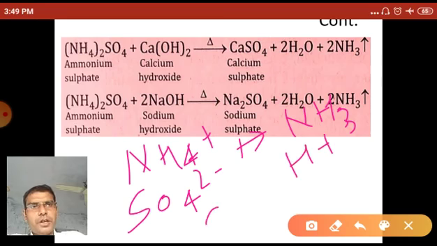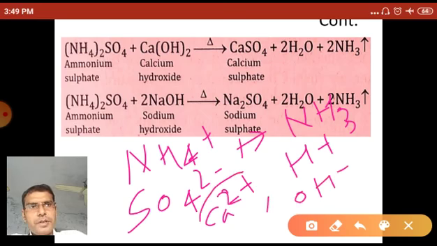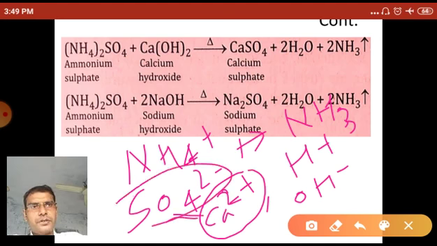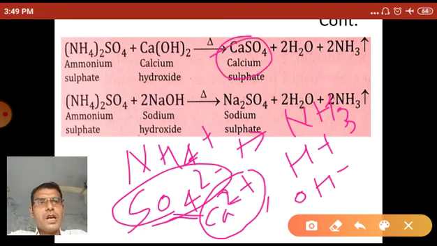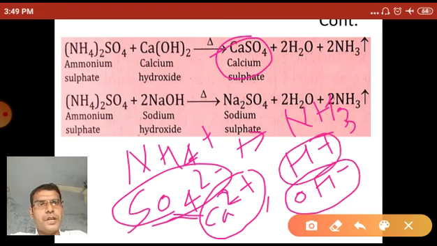Calcium hydroxide breaks down into Ca2+ ions and OH- ions. The calcium ion combines with the sulfate ion to form calcium sulfate, the hydroxide OH- ion combines with the H+ ion to form H2O, and NH3 is released in the form of a gas.